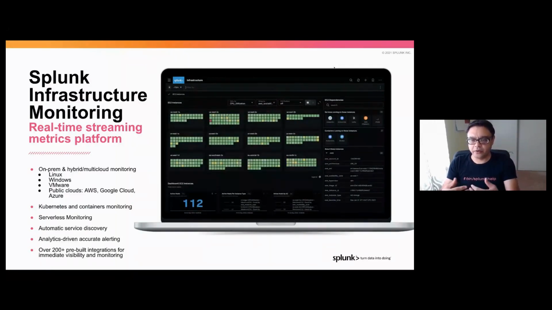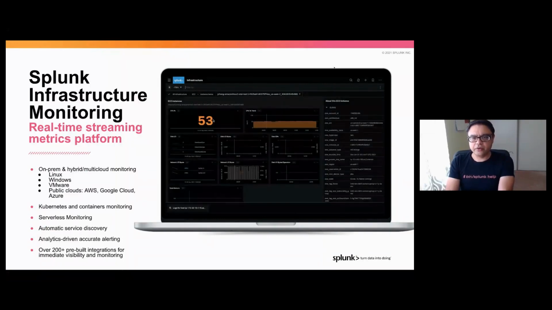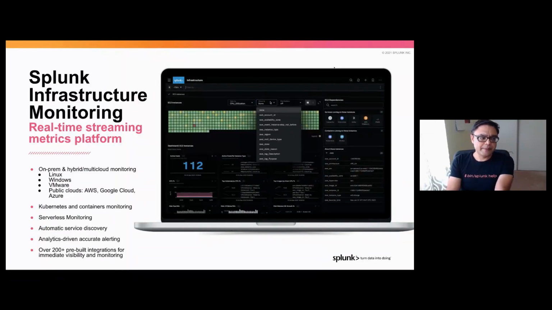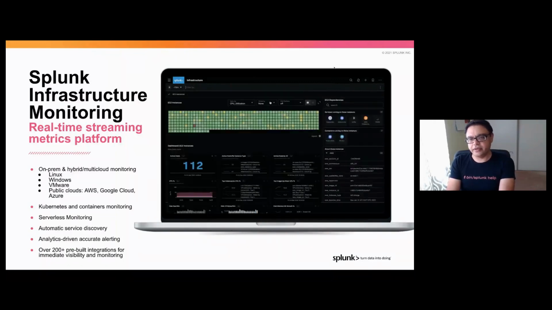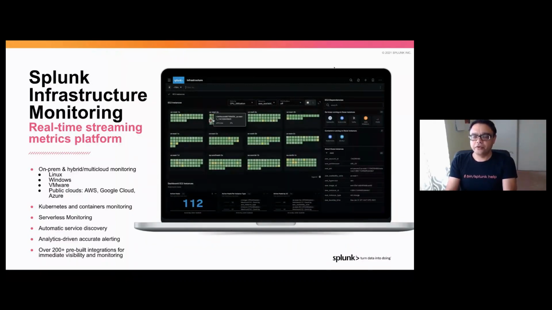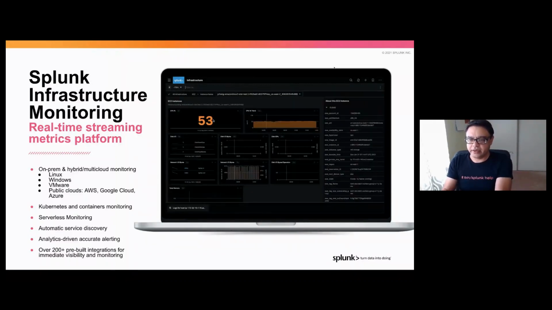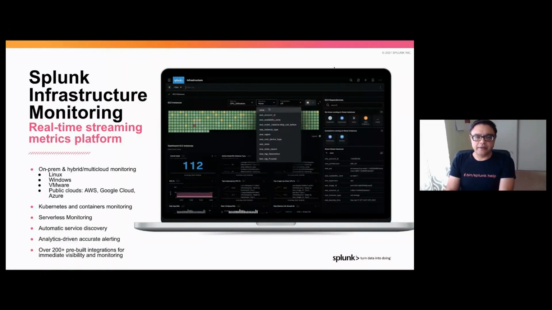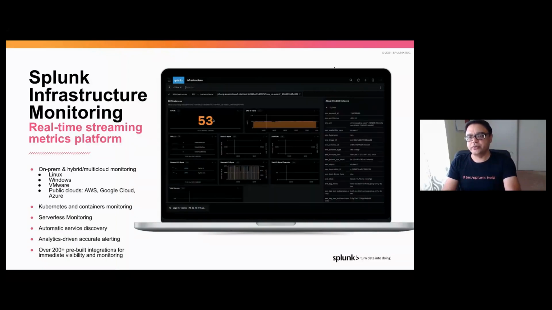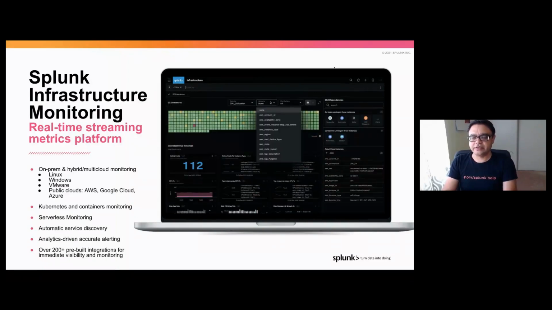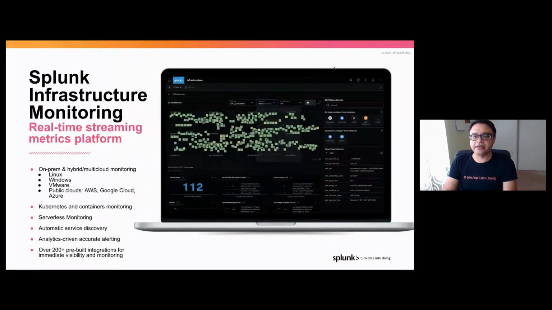So we provide automatic discovery of about 200 of these integrations. Accurate alerting is a big feature differentiator from the other monitoring products available in the market. So you get not only fast, but also accurate alerts. And as I mentioned, we have 200 integrations in addition to the infrastructure services it provides visibility into.